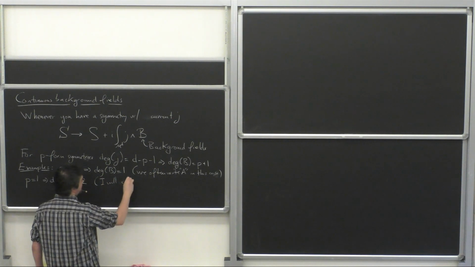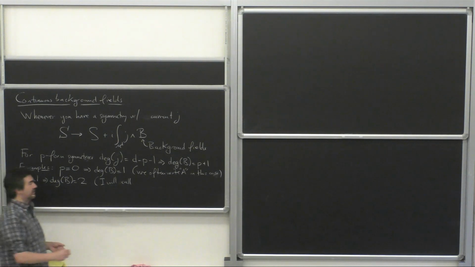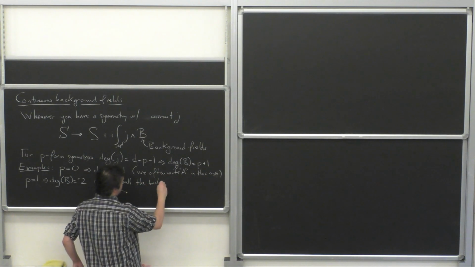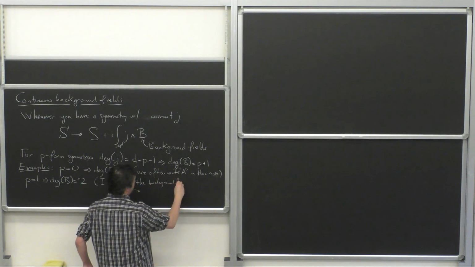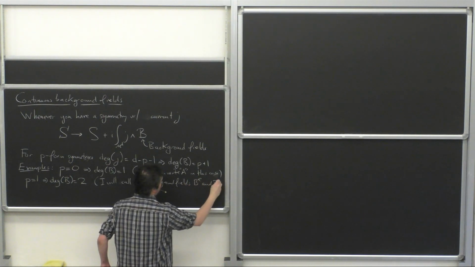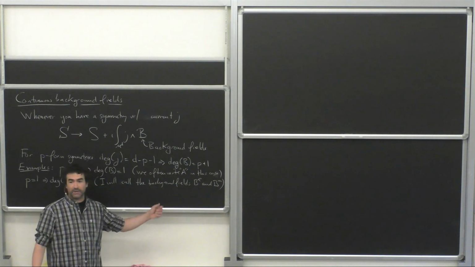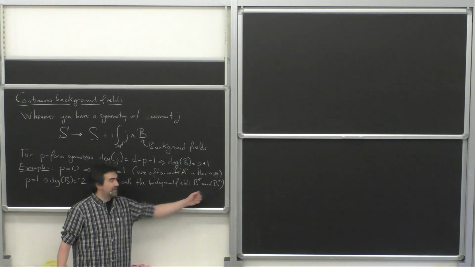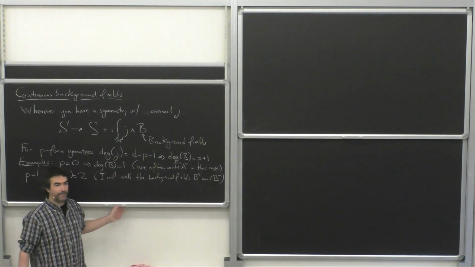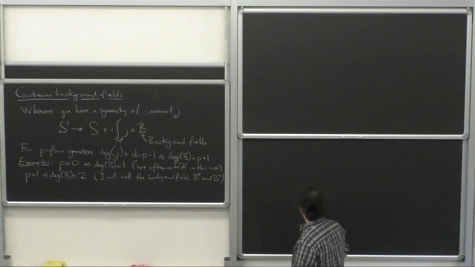Remember that the symmetry in Maxwell was an electric U(1) and a magnetic U(1), so we'll call the corresponding fields B_e and B_m in hopefully obvious notation. So B_e is the thing that couples to the electric current, star F, and B_m is the thing that couples to the magnetic current, F.